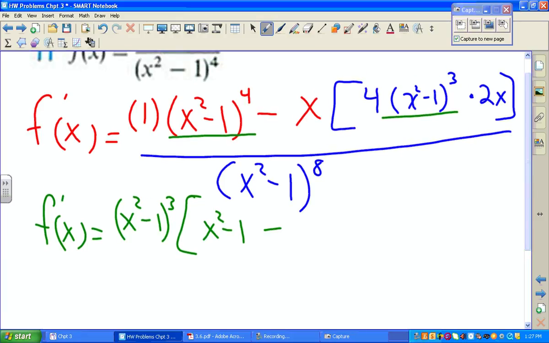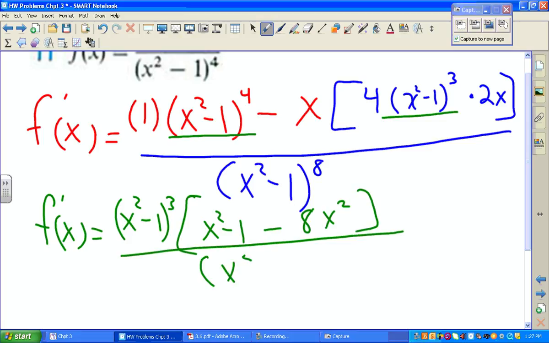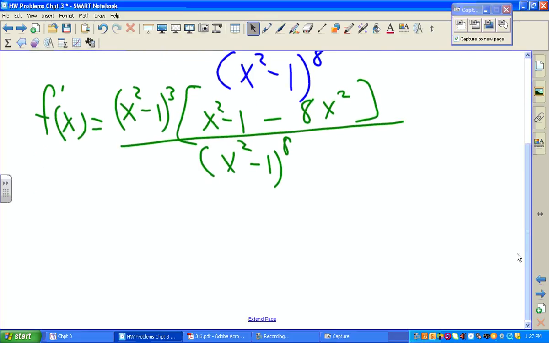Minus, this cubed is gone, so it leaves me with an x and a 4 and a 2x all multiplied together gives me an 8x squared, all over the denominator, x squared minus 1 to the 8th. You'll find that common if you do a lot of chain rule derivatives, that you can usually factor something out because of the exponents.